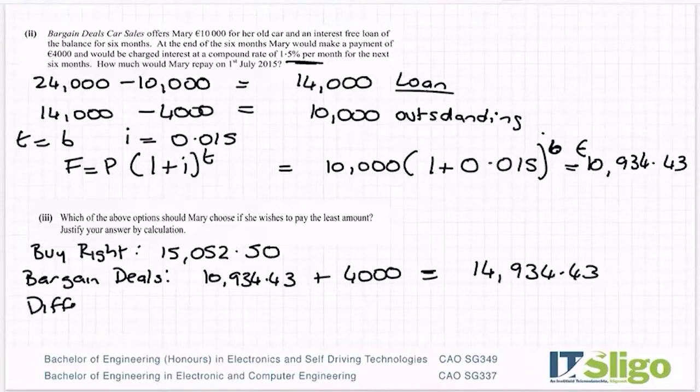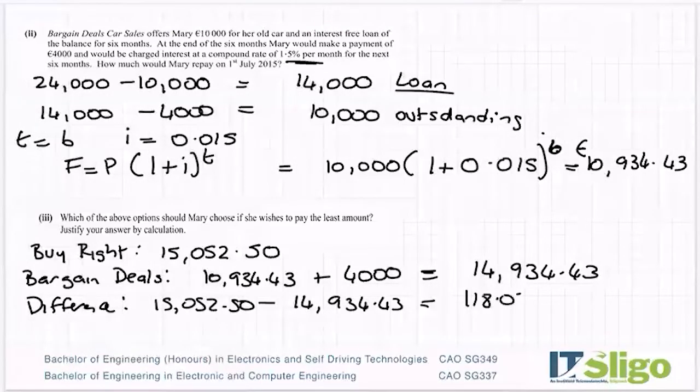The difference then is a lot less, and that feels more right. So 15,052.50 minus 14,934.43. What is that? 118.07 euros.